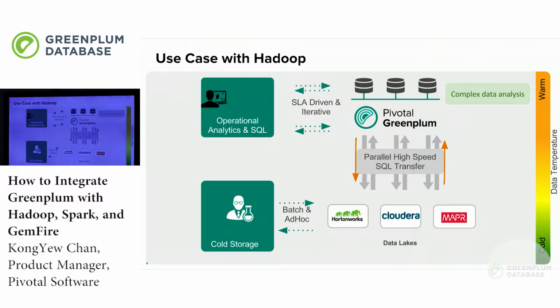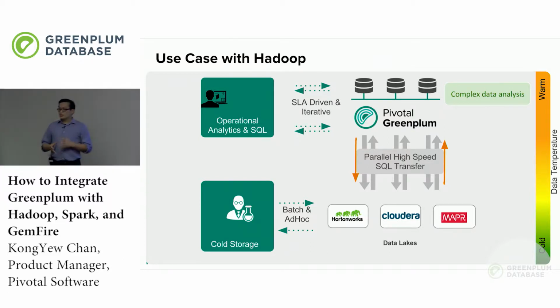Let me introduce the concept of data lakes. Data lakes are a place where you get the data from different data sources and just dump all this data into the data lake. Some of the data lakes in the Hadoop world are Hortonworks, Cloudera, or MapR, or even other Hadoop distributions. Those data are structured and unstructured, and they are just collected there until you need to use them.